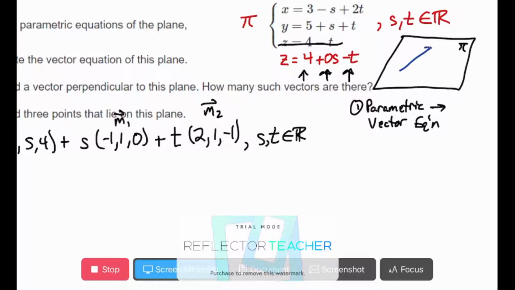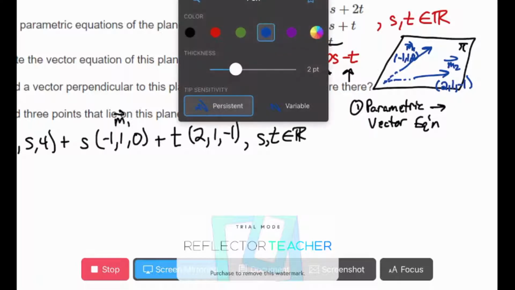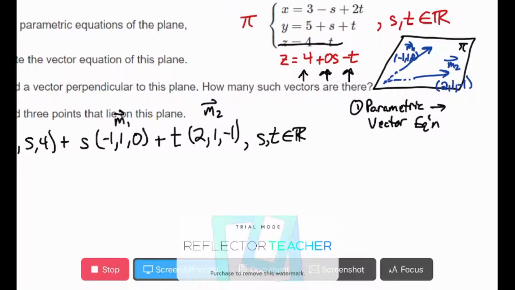So m1 is some vector -1, 1, 0, and m2 is some vector 2, 1, -1. I need to somehow find a vector that is perpendicular to both of them. So some vector that rises directly out of the plane and punctures through. So you can think of the plane as like a piece of paper, and the line we're looking for is the pencil that we've stabbed through.